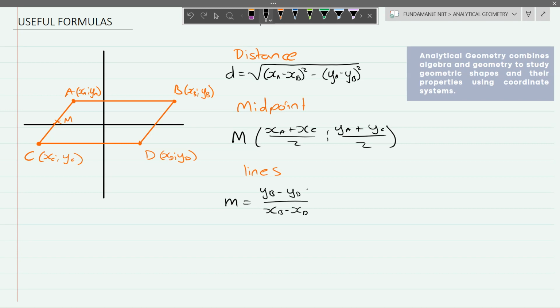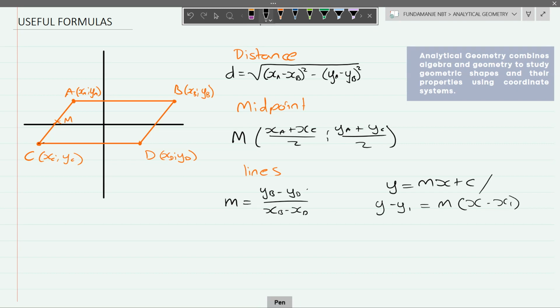Once we have that gradient along with these coordinates, we are able to find the equation of the line: y is equal to mx plus c. Or another one that's used in this context is y minus y1 is equal to m(x minus x1), where y1 and x1 refer to any point. Let's say we're trying to find the equation of line BC.